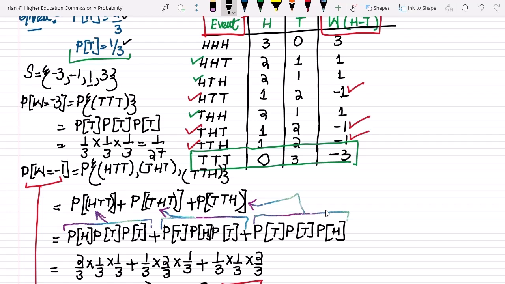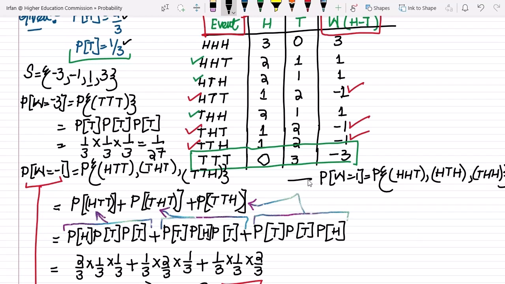The probability of W equal to 1 would be the probability of the events which are heads, heads, tail, or heads, tail, heads, and the third one is tail, heads, heads. Okay, so we can see here that in all of these events we have two heads and one tail.